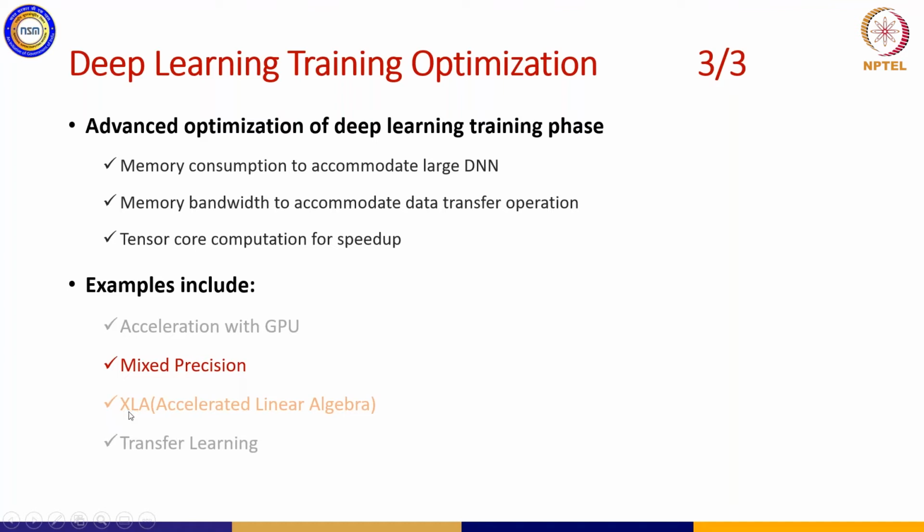There's also XLA, which is Accelerated Linear Algebra. This is from TensorFlow, a special compiler. And also there's transfer learning, which we'll talk about in our subsequent course. So we'll focus first of all on mixed precision.